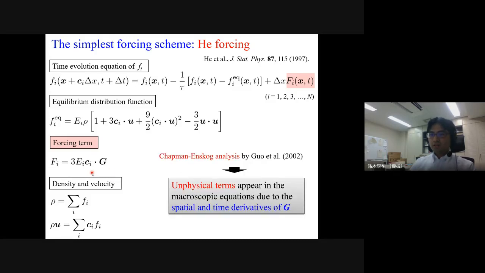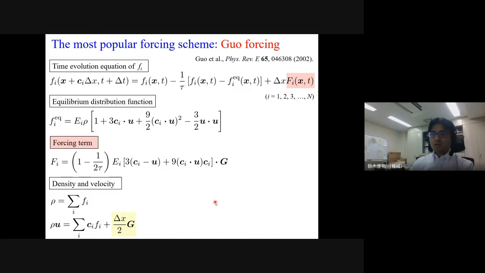Although this is the simplest forcing scheme, the Chapman-Enskog analysis by Guo et al. has shown that unphysical terms appear in the macroscopic equations due to the spatial and time derivatives of G. On the other hand, Guo et al. have proposed a forcing scheme as well. This is the most popular among many forcing schemes, and we call it Guo forcing.